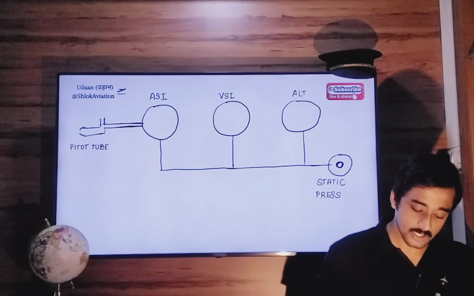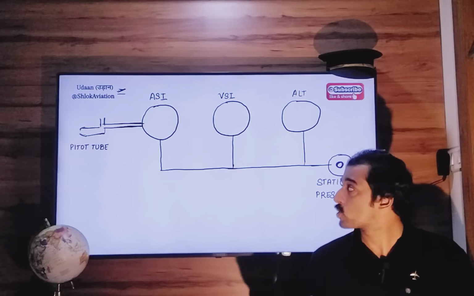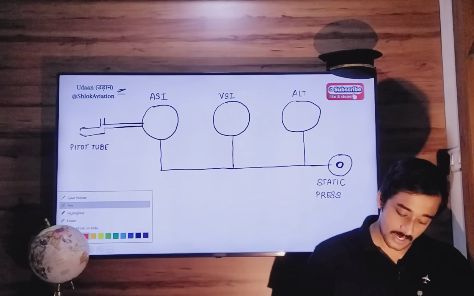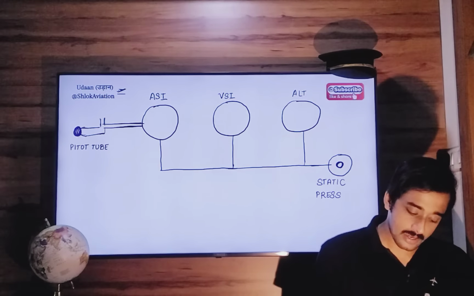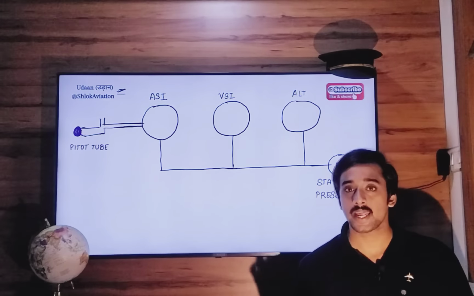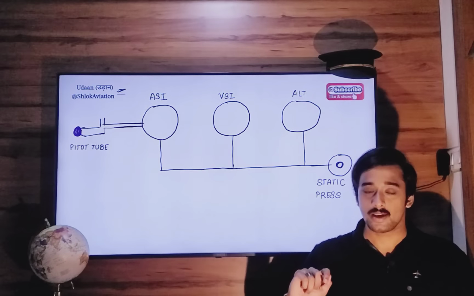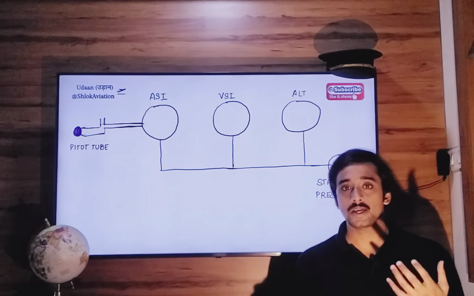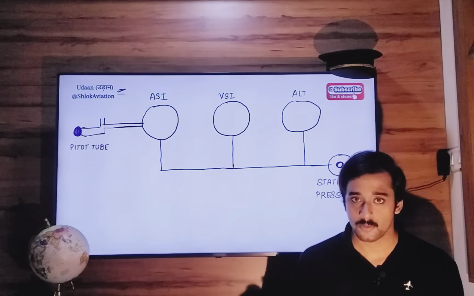The other two pressure instruments, namely the VSI and altimeter, do not require pitot pressure for their operation. So now if the pitot tube gets blocked, let's say because of ice, dirt, or whatever, what instrument will it directly affect? It will affect airspeed indicator only. Altimeter and vertical speed indicator won't be affected because they do not depend on pitot pressure for their operation.